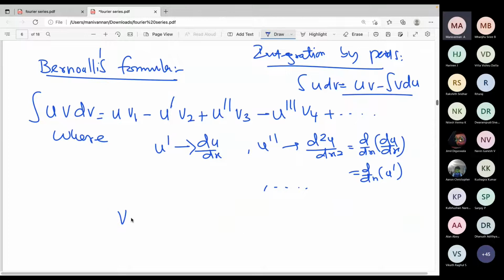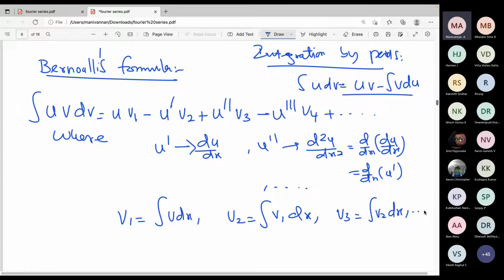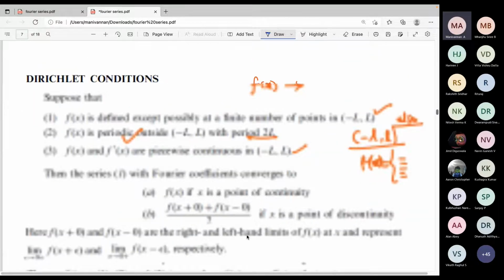And v1 means the integral of v dx, v2 means the integral of v1 dx, v3 means the integral of v2 dx, and so on. So we should have this formula.